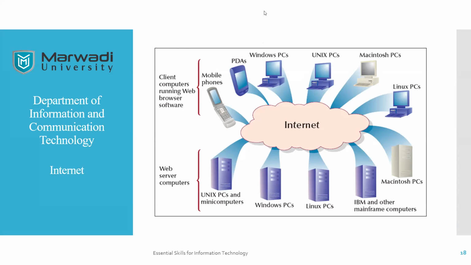There are different servers for different clients. If you are using a Unix PC, mobile phone or Windows PC, there are individual servers for each. This model is also known as the client server network. Any doubt regarding the same?